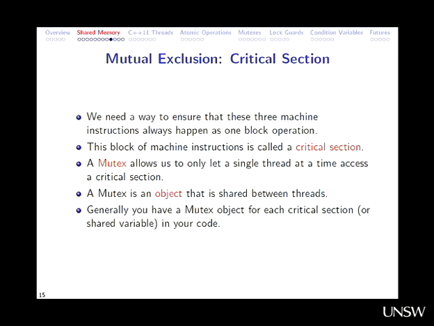So we've got this problem. We want our code to be run in parallel all the time, but with shared memory, we end up with problems. And so we want to identify some pieces of code and say only one CPU can access this block of code or this piece of memory and do this operation at any one point in time. A mutex is a lock type object that is shared between threads.